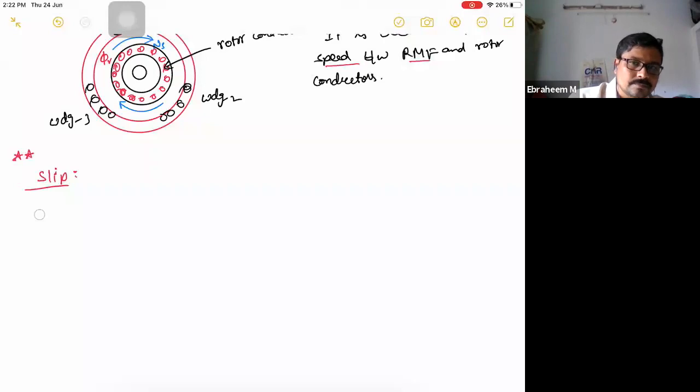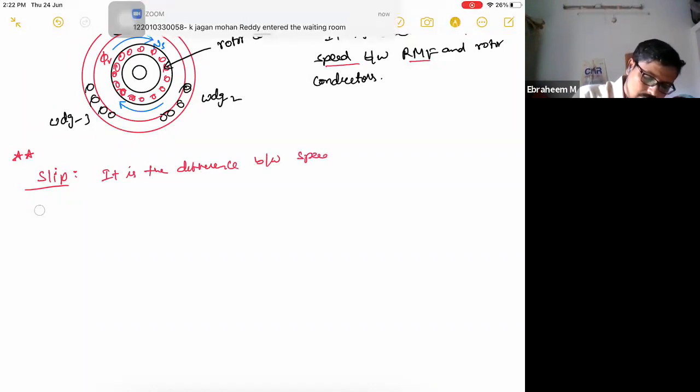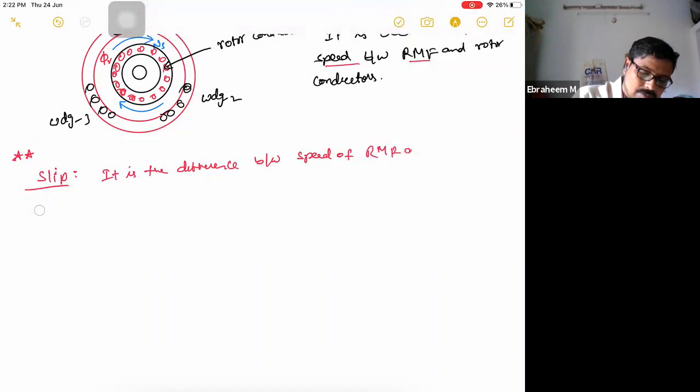Slip, so it is the difference between the speed of the RMF and the rotor speed.